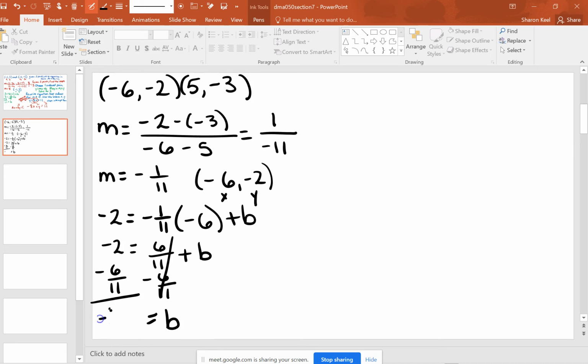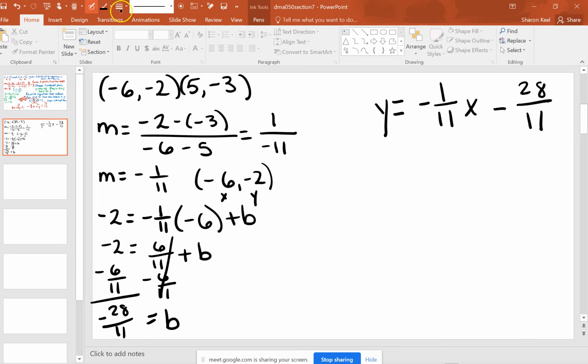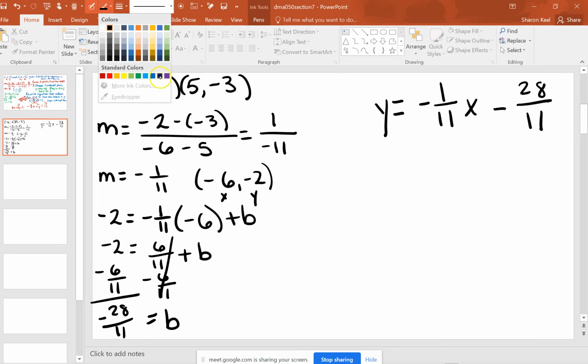So we have -28/11. So my equation is now y equals -1/11 x minus 28/11. That's our answer in slope-intercept form.